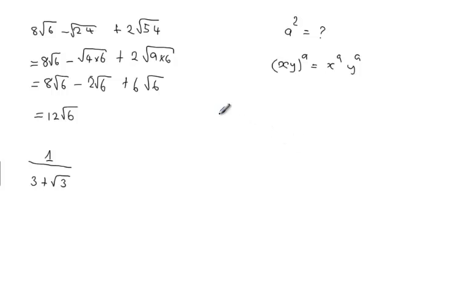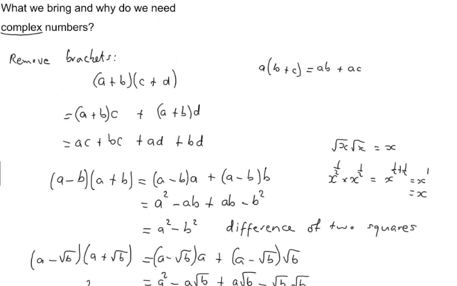But again, it wasn't there. It cancelled out in the middle. Why? Because we're dealing with the difference of two squares, or the factors of difference of two squares, isn't it? What is that suggesting? It's suggesting that if we multiply this by 3 minus square root of 3. Let me just go back a bit to where I'm talking about. I'm talking about this part here.